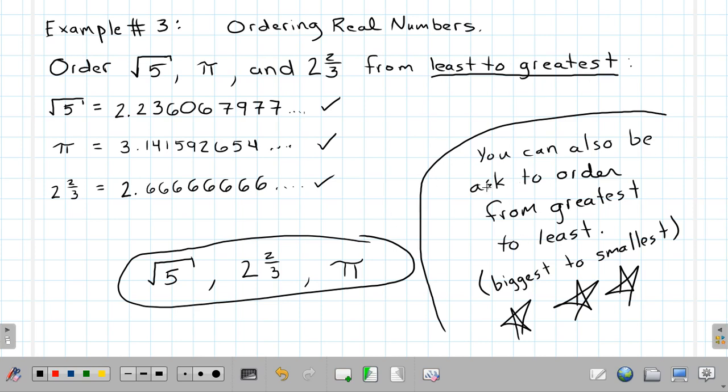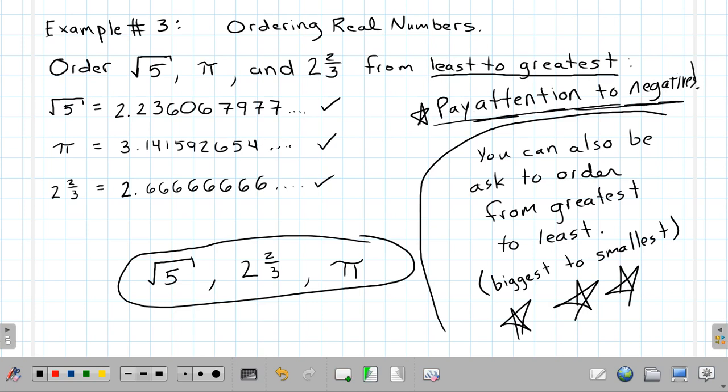Now, on top of that, make sure to pay attention to any negatives and know how to deal with negative numbers, telling which one's bigger, which one's smaller. Okay? Pay attention to negatives.